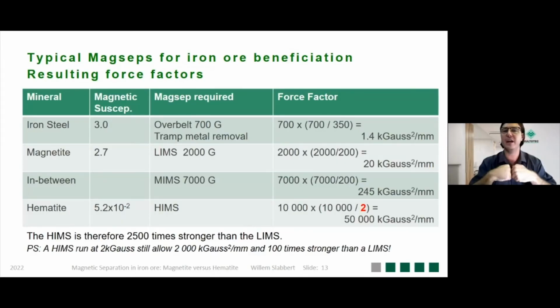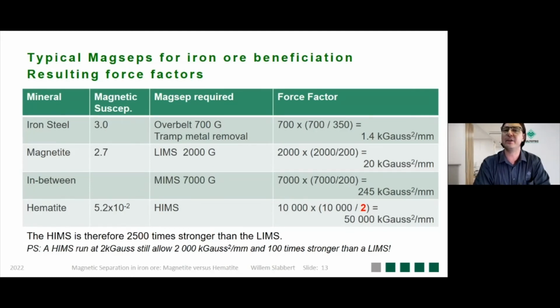Then we can calculate the force factors resulting from these different magnetic circuits. First of all, for iron steel in a tramp metal application, we know that 700 Gauss is often, not always, but often quite sufficient. We also know that the magnetic field depth of a typical overbelt magnet is 350 millimeters.